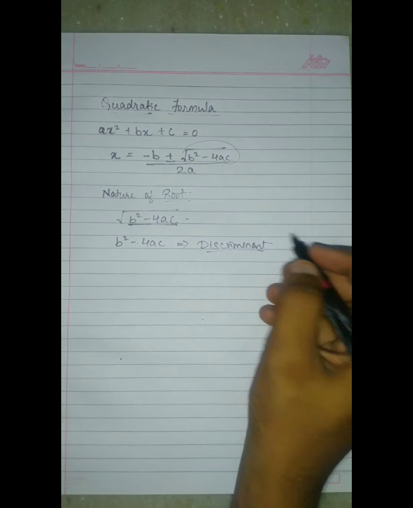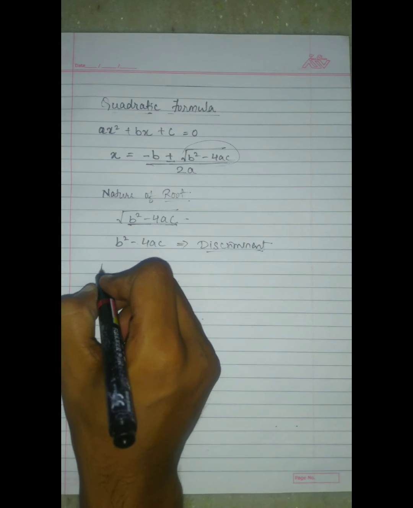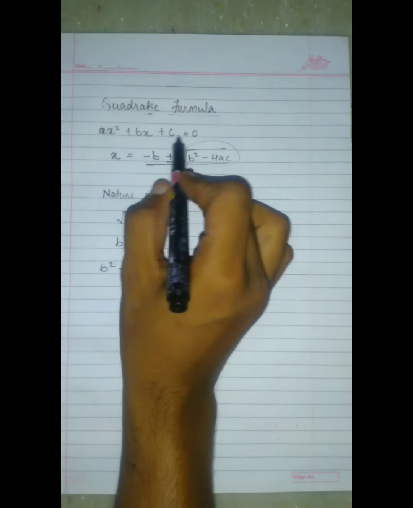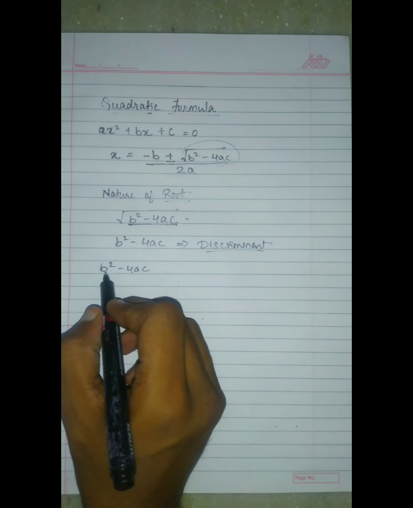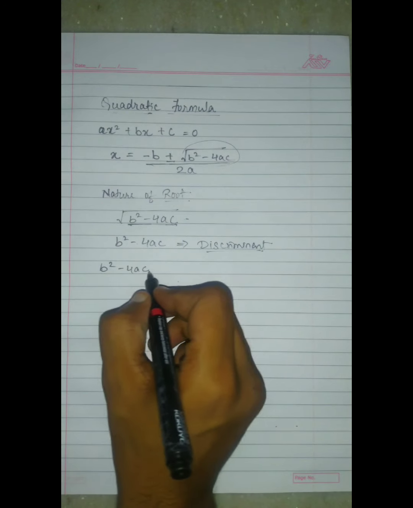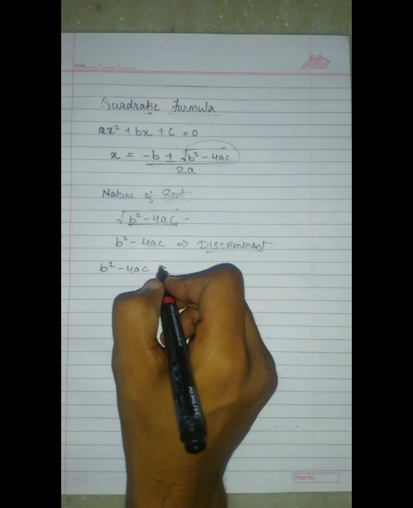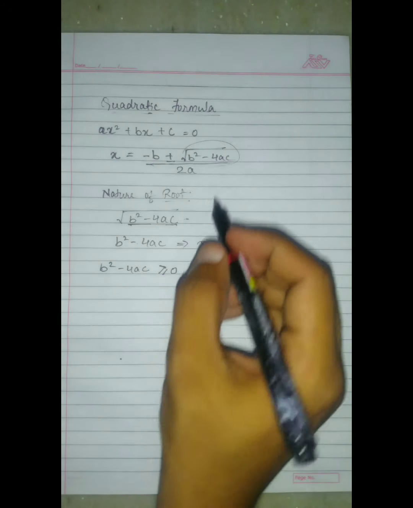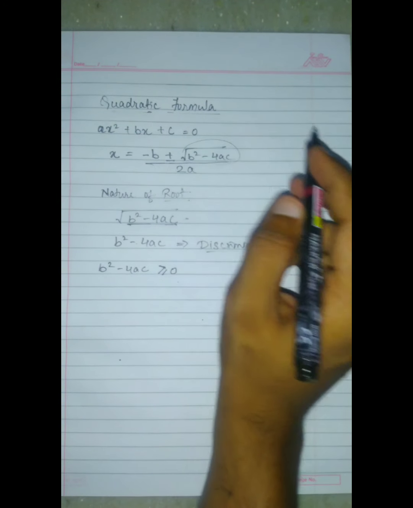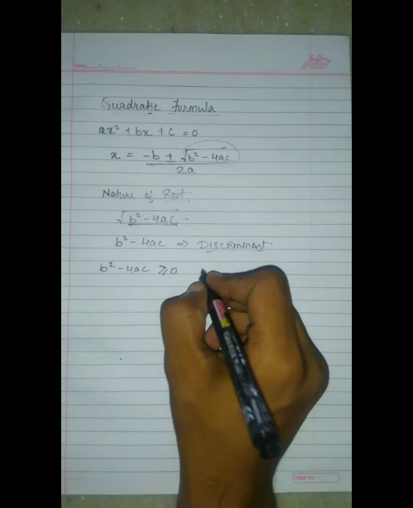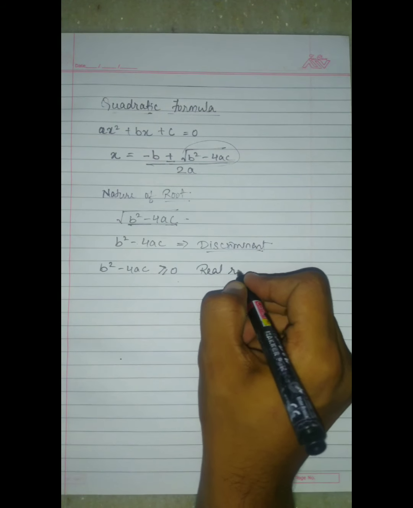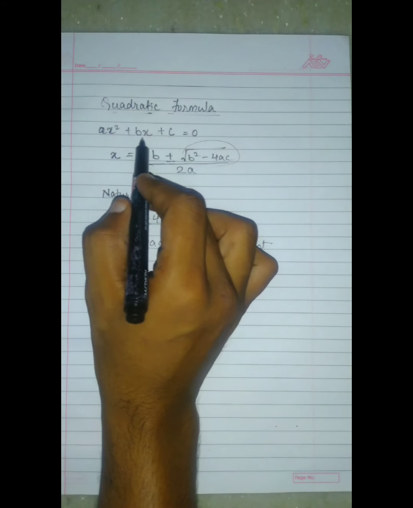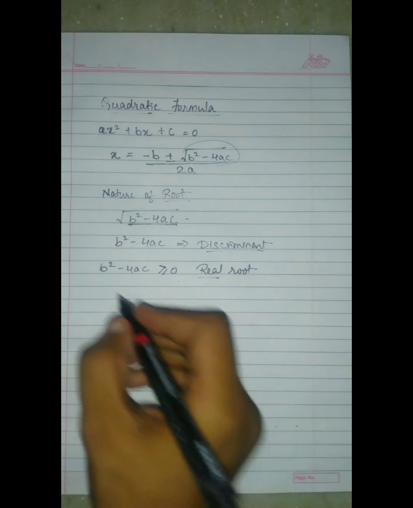Okay, so for any given quadratic equation, we have to find b square minus 4ac. If its value is more than or equal to 0, then the quadratic equation will have real roots, like it will have a real number which will satisfy this quadratic equation.